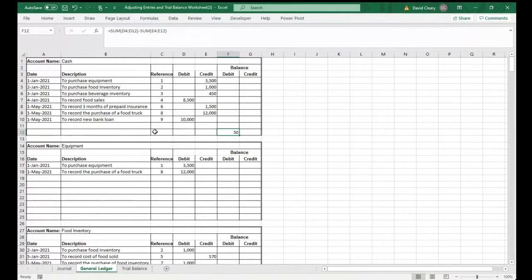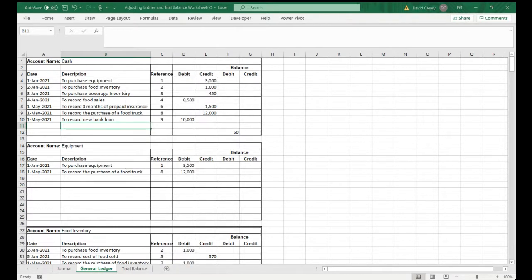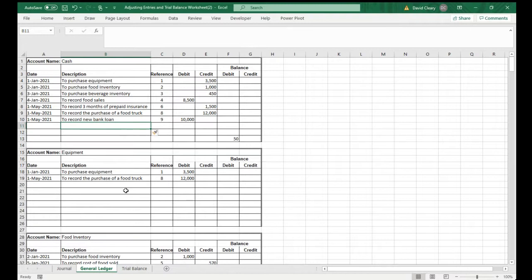And how you would keep this formula working well is if you needed to add in more information, what you would do is you would right click on a row. You would then hit insert, and then you would click entire row, and it'll insert a row, and it'll be included in the formula.